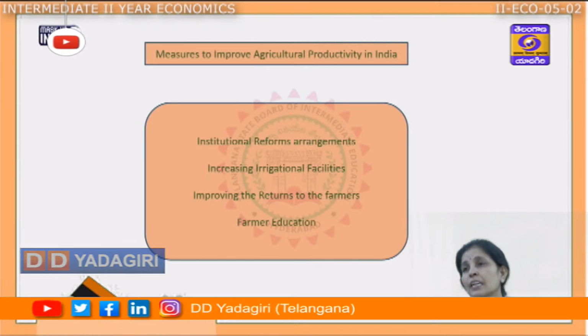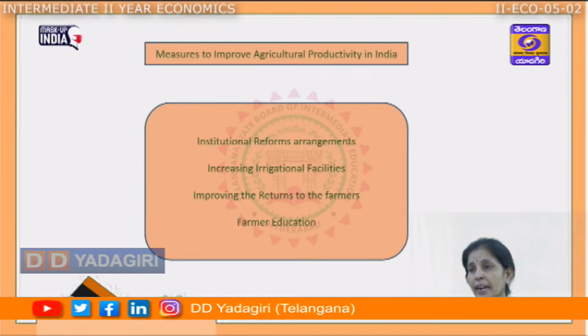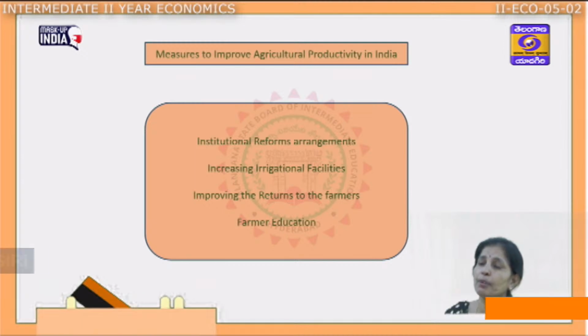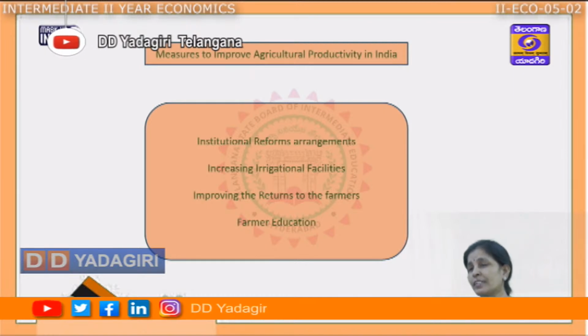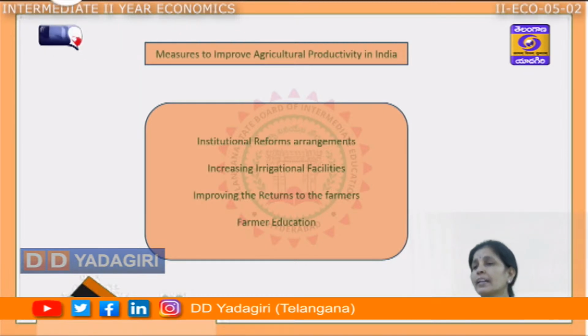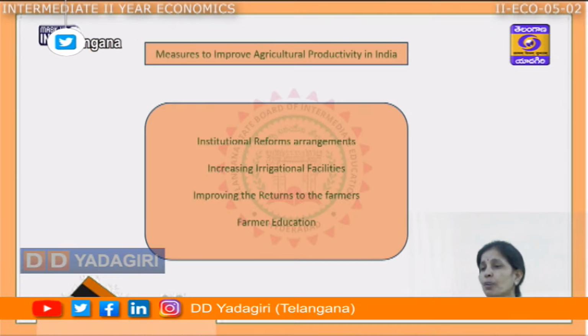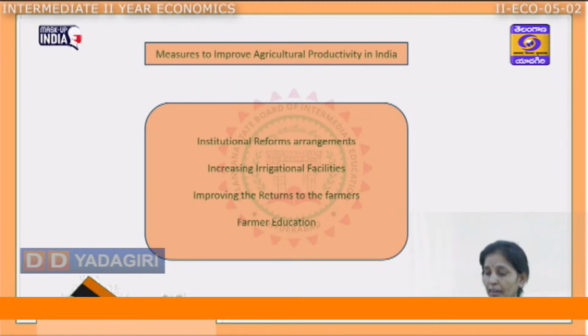Only then is there a possibility to improve agriculture productivity. In the institutional reforms, land reforms, constructing major irrigational projects will improve irrigational facilities, improving the economic and social returns to farmers, and their technical education with regard to agriculture, how to go about agriculture, how to implement the technology, how to modernize the methodology, and how to decide the cropping pattern, all this will increase our agriculture productivity.